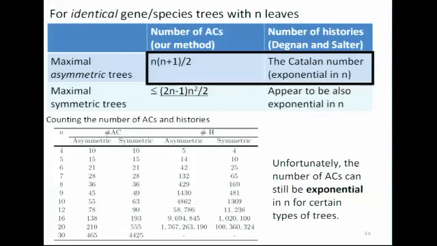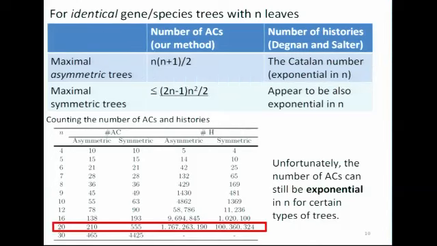The number of coalescent histories, on the other hand, is exponential; it's the Catalan number. If you look at this table, you can see the clear difference. With 20 taxa, the number of ACs for a symmetric tree is just 210, and the number of coalescent histories is over 1 billion.